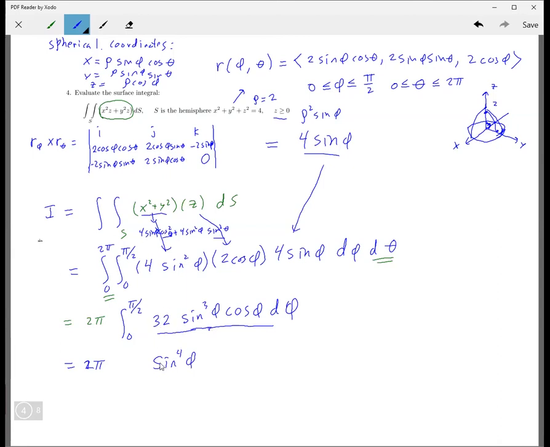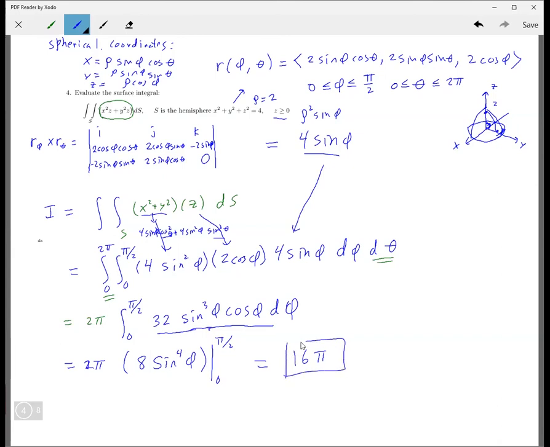But since we have this 32 over here, we can just divide this by 4, right? 8. Okay, and then plug in pi over 2, that's 1. 1 to the 4th is still 1, so that's going to be 8 times 2 pi, so that's 16 pi. Subtract, plug in 0, and that's 0.